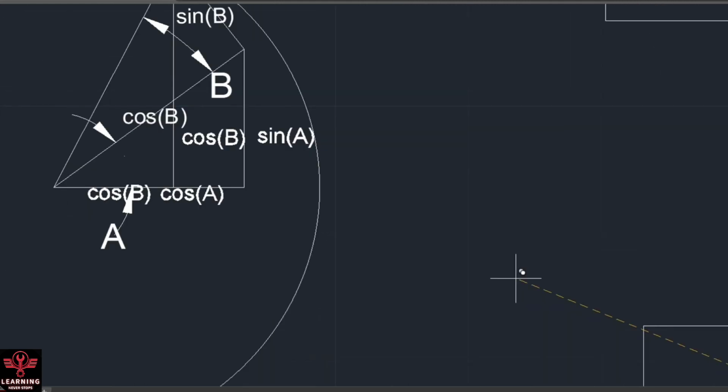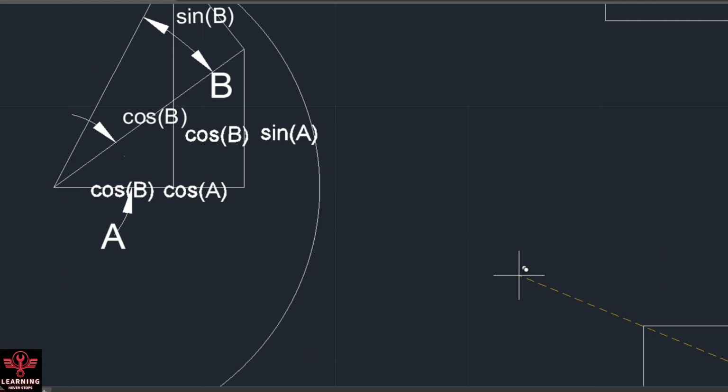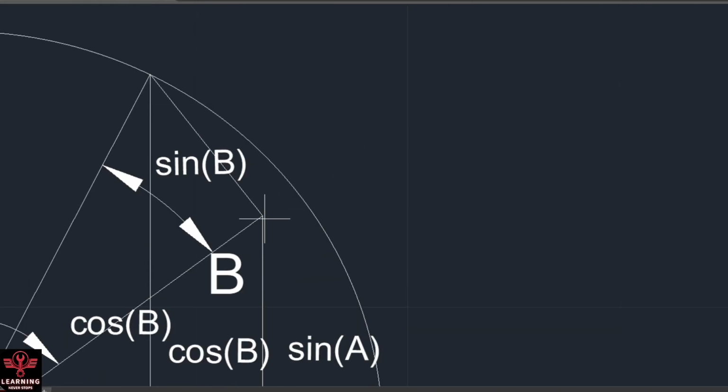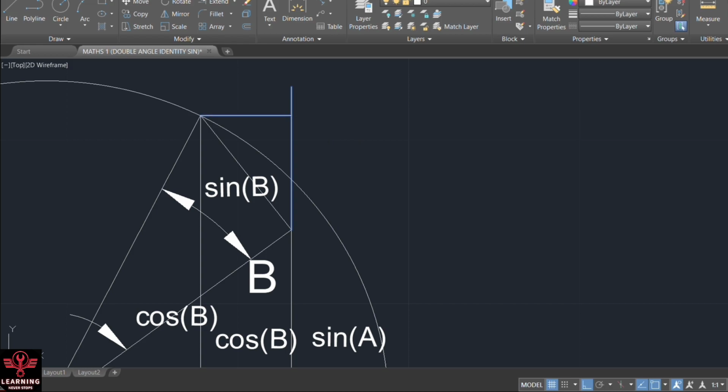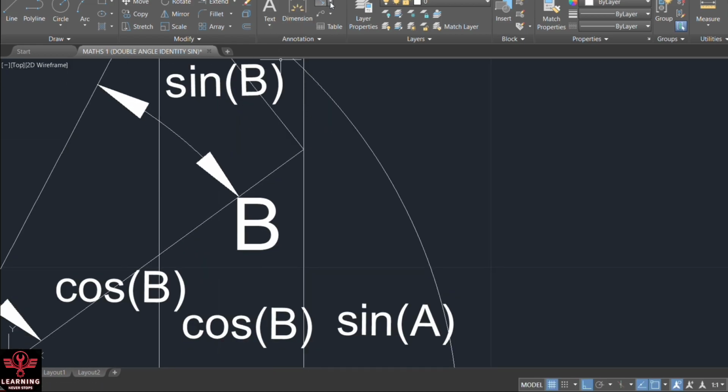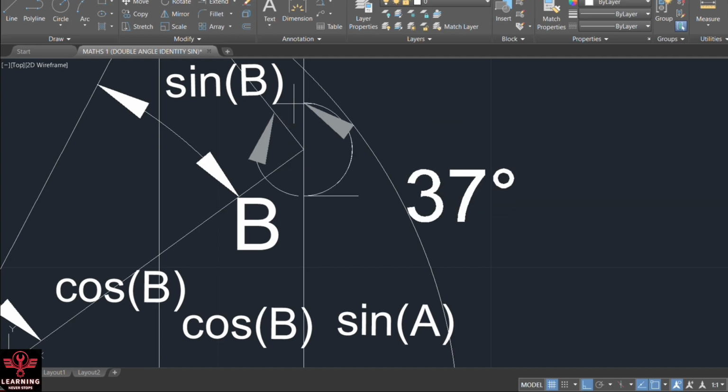We also find the sides of the triangle associated with the angle A. And now making another triangle. Let's fast forward our video. Here we have the hypotenuse, which is equal to sine B. We know the hypotenuse, but we don't know the angle.